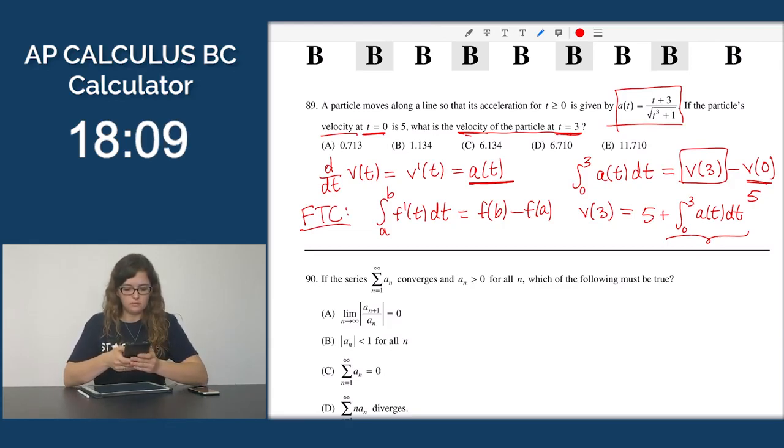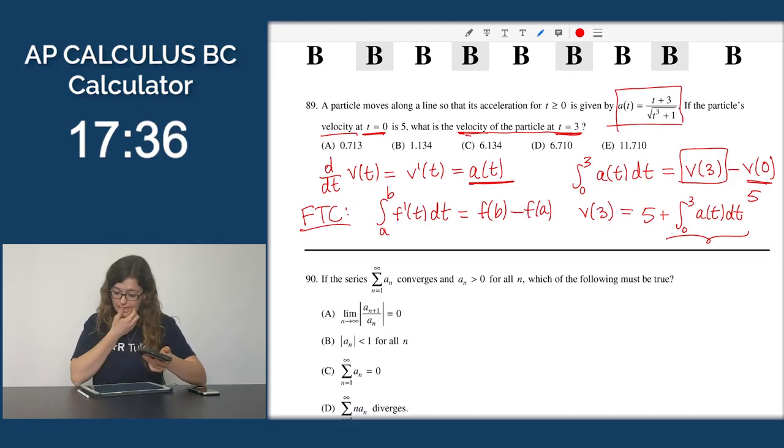Let's see. We've got the integral. So remember guys, it doesn't matter what your variable is, what you call it.